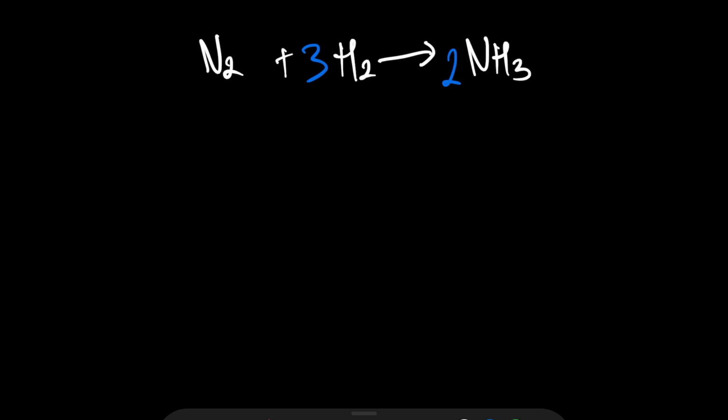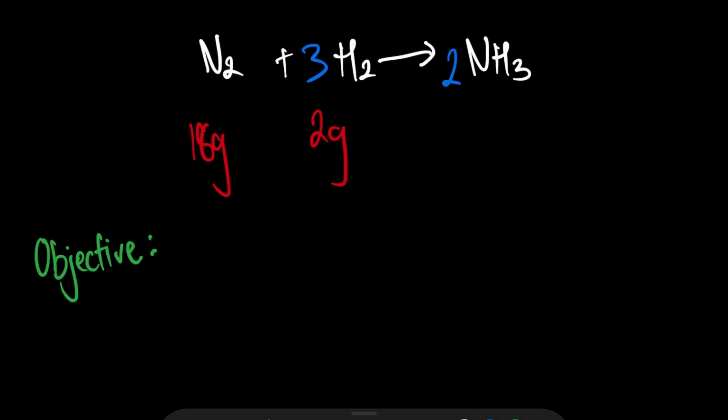So in cases like these, they'd give you values for your reactants. So for example, they'd give you 18 grams of nitrogen and 2 grams of hydrogen. And your objective is to find the limiting reactant.